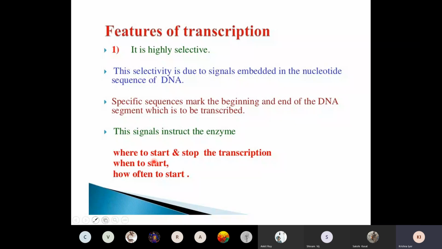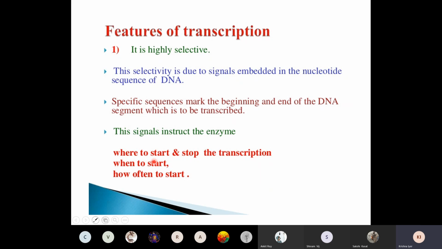All along your chromosomes you'll have regions where such sequences are present which allow regulation, and then your polymerase which does RNA synthesis will come, start synthesis at one point, go along and stop at a certain point to give you what is called a transcribed product, which we call RNA. So that is the first feature of transcription.